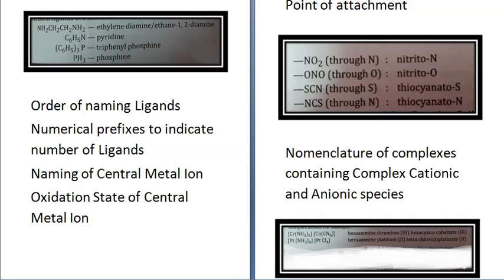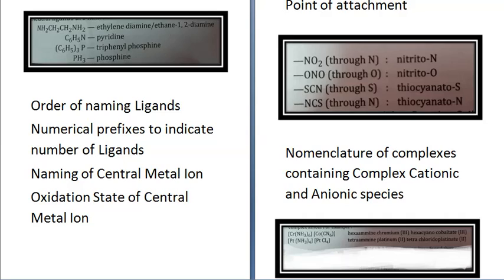For example, suppose it is [Co(en)3]Cl3. It will be called tris(ethylenediamine)cobalt(III) chloride. When monodentate ligands like methylamine, triphenylphosphine, etc. are repeated, the word bis is used instead of di.